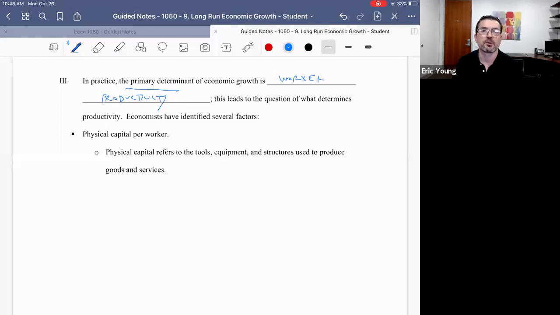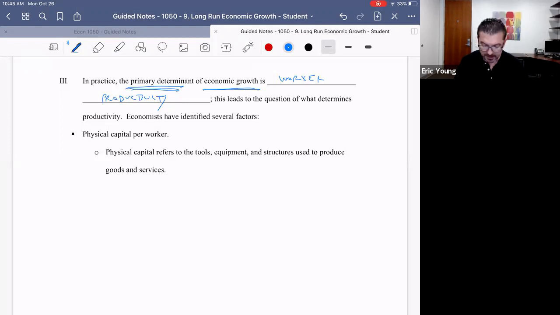Countries with higher levels of worker productivity have higher real GDPs, have higher growth rates, and sustain those growth rates typically over time. So the big takeaway from this video, if you want to look at economic growth, the primary determinant is going to be worker productivity.